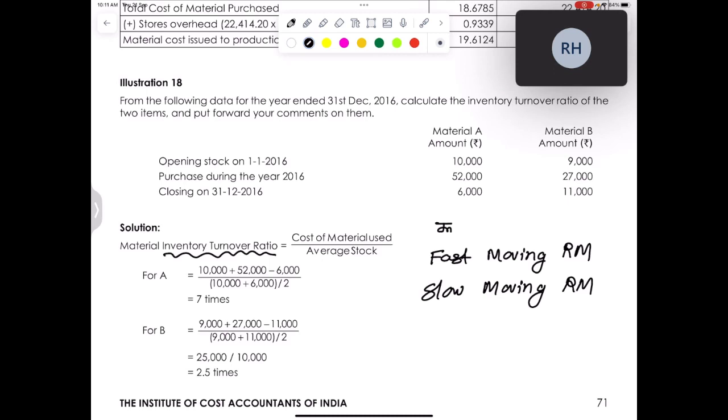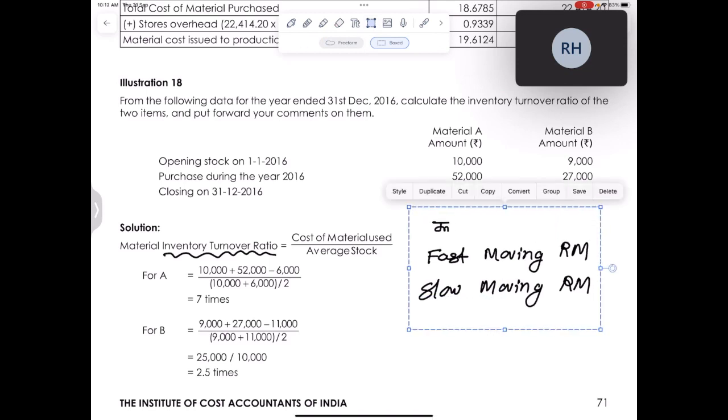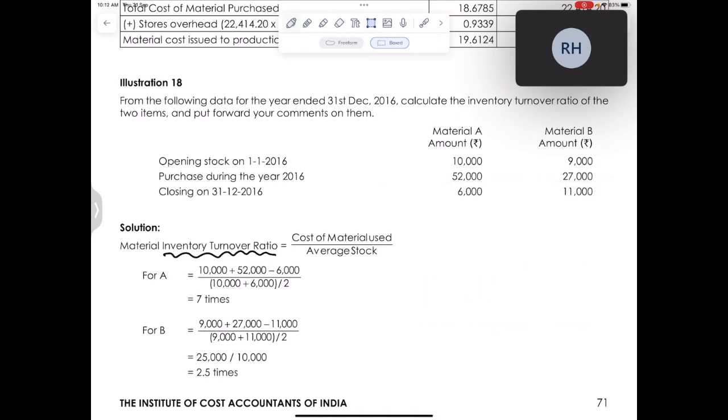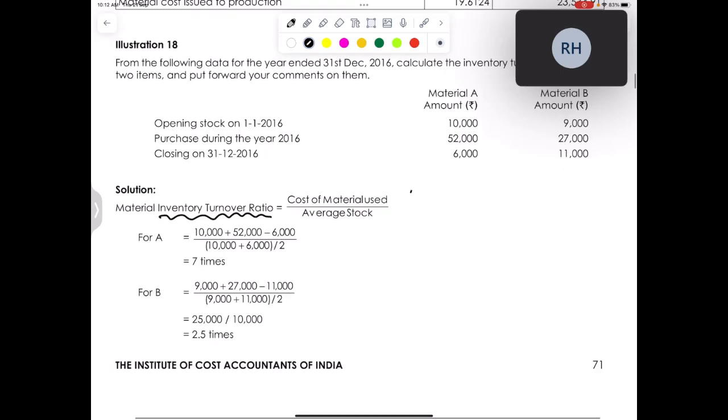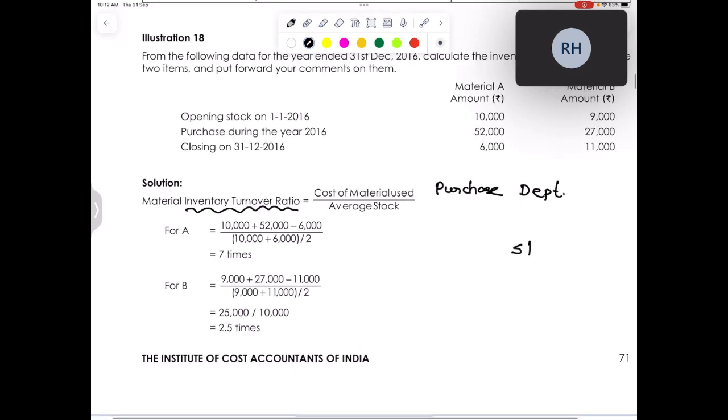While if the raw material is a fast moving raw material, look, you will know a cycle, beta. This cycle is very useful. Purchase department, store department, and here will come the production department.